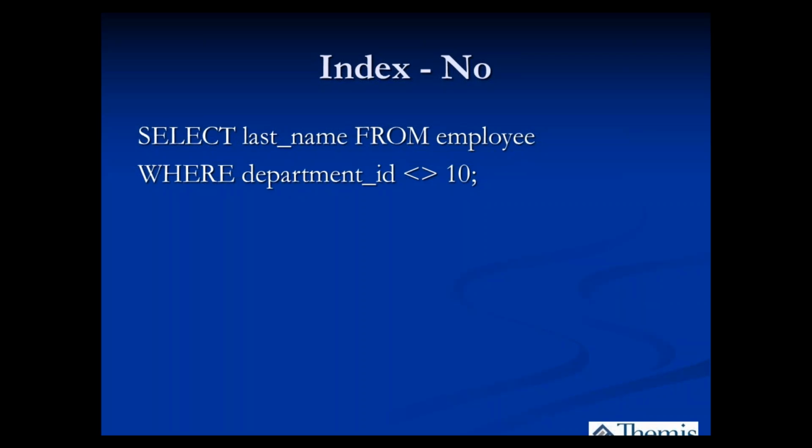So the not, or in this case, the not equal type of thing. If we're talking about a B tree index in this case, a balanced tree index, which is one of the more common ones that you may be aware of, the not equal will cause the optimizer to not choose the index.